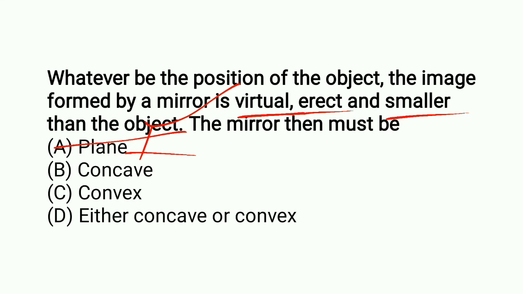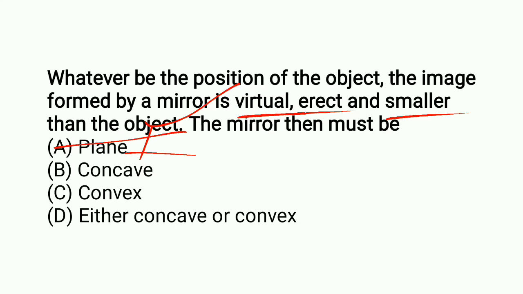And concave: virtual, erect, and smaller than the object. No, here depending on the position, obviously the concave mirror can produce a virtual and erect image, smaller than the object, but not always.